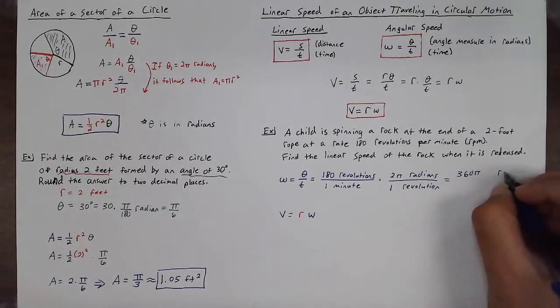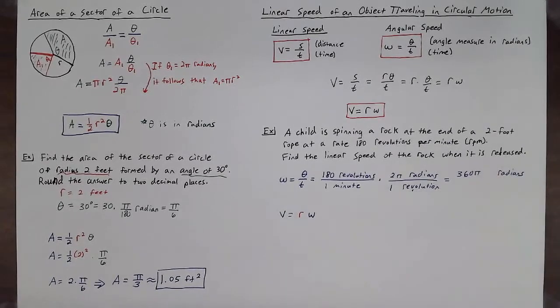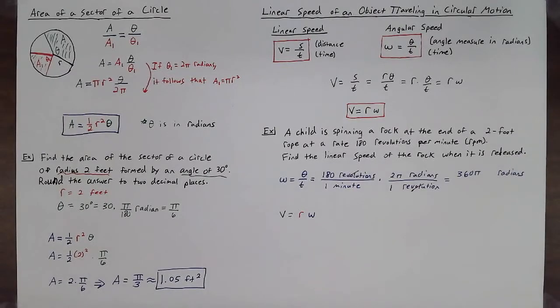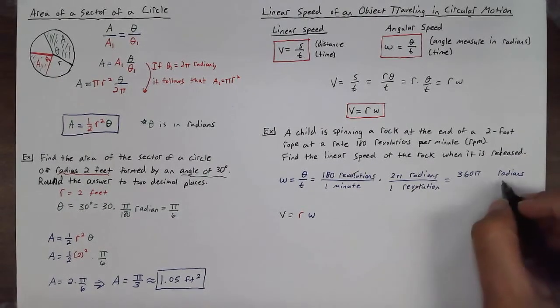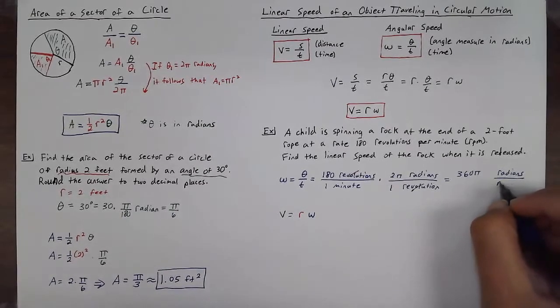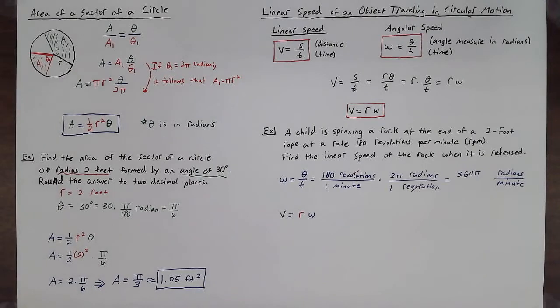This will be radians. And you'll see here that the revolutions cancel. And then it's going to be per 1 minute. So there you go. So now our angular speed is 360 pi radians a minute.